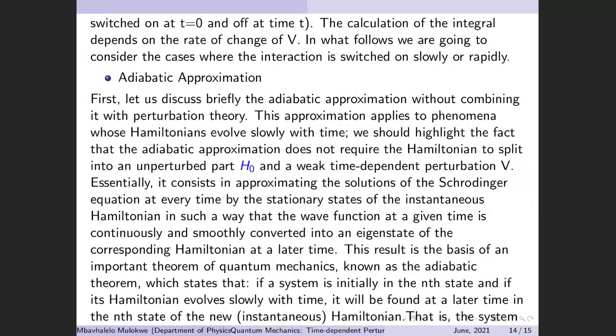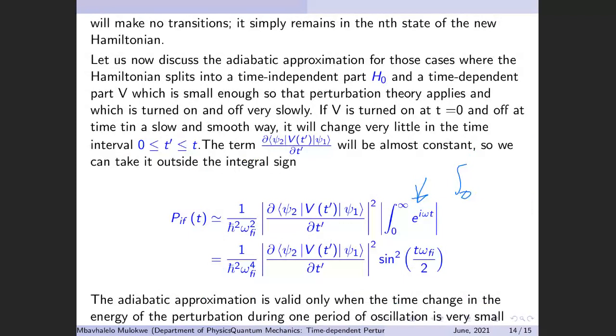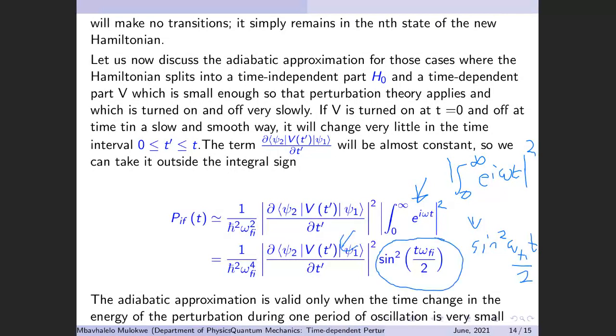And we do the same thing. I think by now everyone is happy that the integral of the mod of this e^{iωt} squared just gives you sine squared of ω_fi t over 2, which is that term there. And then you still have the square there.